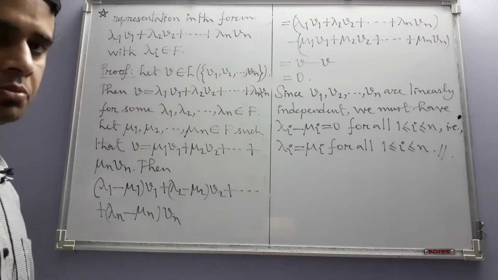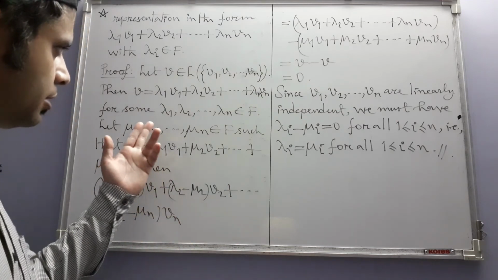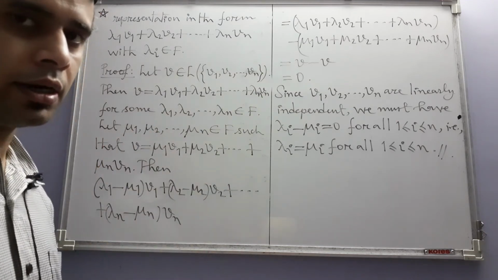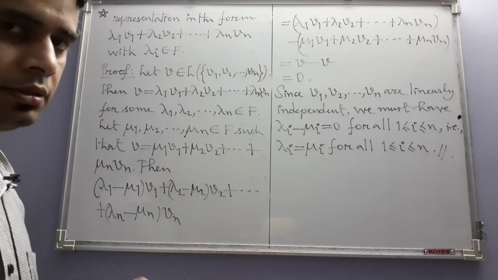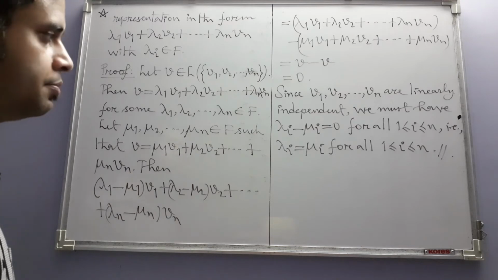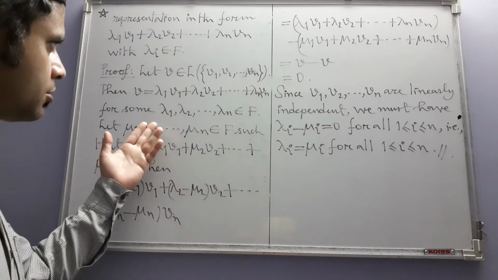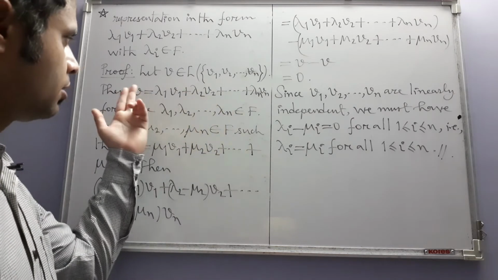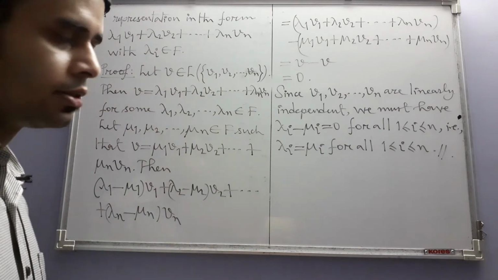This completes the proof, because it shows that the lambda i's are the only scalars. There cannot be any new scalars that will also give you the same v. So this representation for a given v is unique.